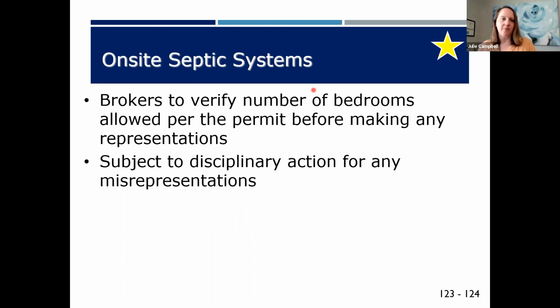Technically, my job is to help you guys get your license. But the second piece of that, the underlying piece, is hopefully I'm helping you guys keep your license once you get it. That's why we're here in this class, this introduction, this foundation to build your career. So we're going to talk more about disciplinary action, misrepresenting, all that good stuff. There's a lot of good stuff to come in Unit 7.